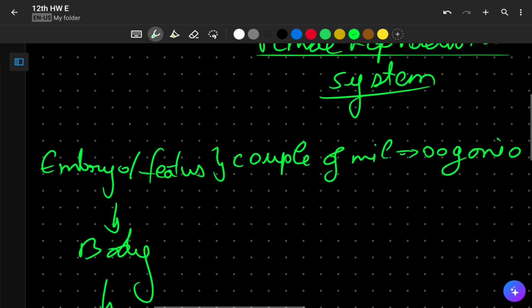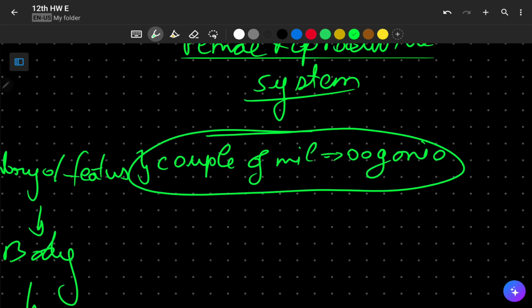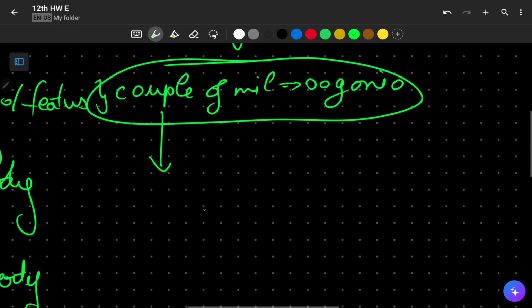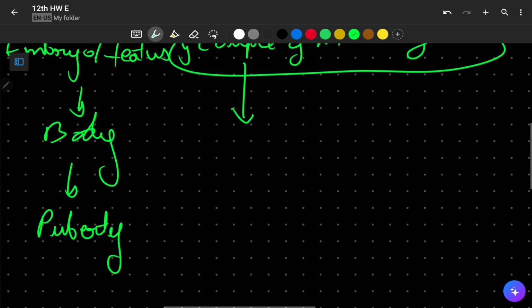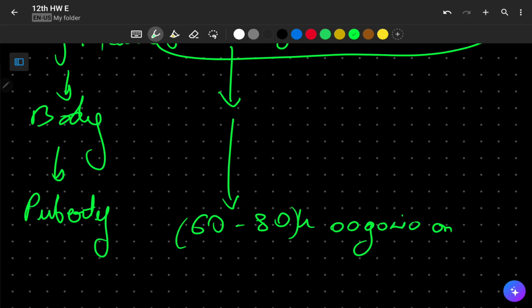And one more thing to remember is that, as I just told you, this is the entire oogonia that is going to be formed in her entire life. And a more surprising fact is that by the time the fetus becomes a baby and then reaches teenage, by the time they reach puberty, the couple of million oogonia are reduced to a measly 60 to 80k oogonia only.